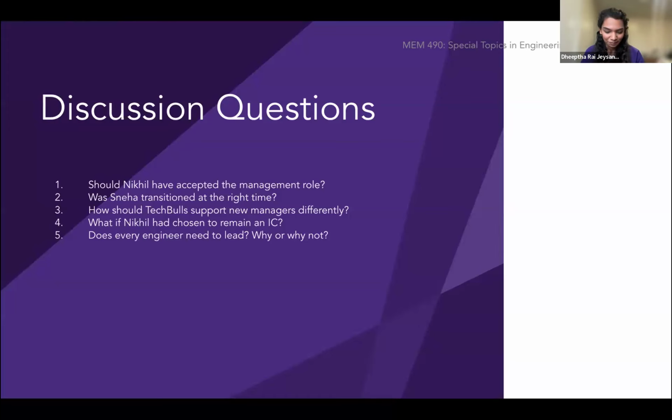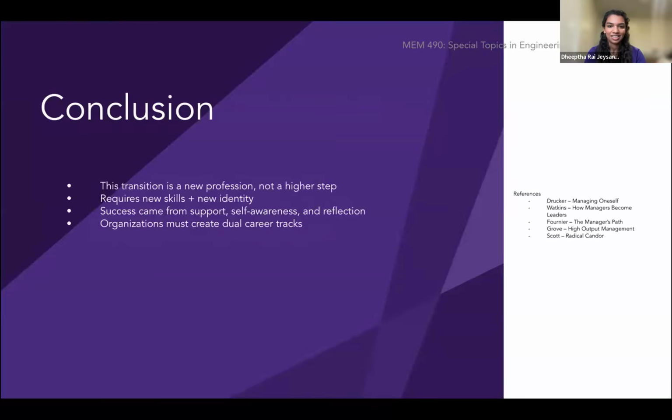These are all the questions that we were looking forward to having a healthy discussion on in this class. Otherwise, the whole case is about this transformation journey, if it's right for everybody, if not, why not, if yes, why, and the tools that help in that mindset shift, and just the proper journey of Nikhil and how we could relate to it as individuals who are now pursuing engineering management.